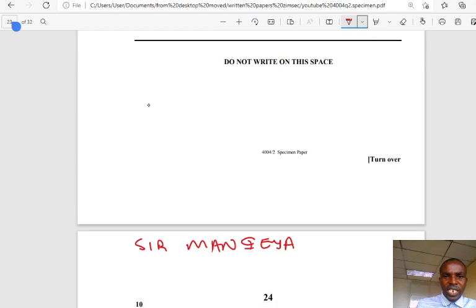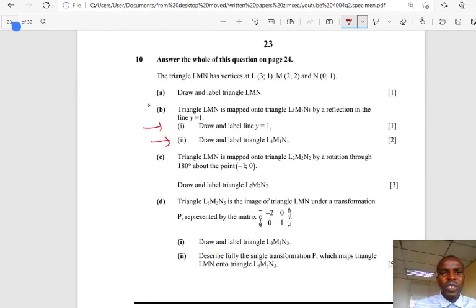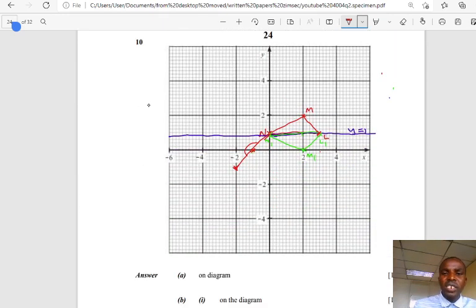Which triangle was rotated in this case? Triangle LMN, about (-1, 0). So the L also is supposed to be rotated. You have to measure the distance here, and the distance too is supposed to be straight somewhere here. Right, so I think it's supposed to be somewhere here. Then M is also through the same line of rotation, because it's 180 degrees, right?